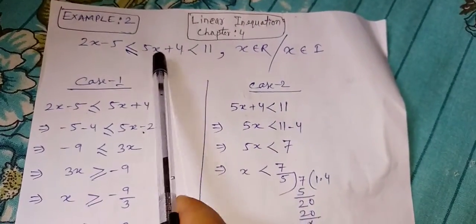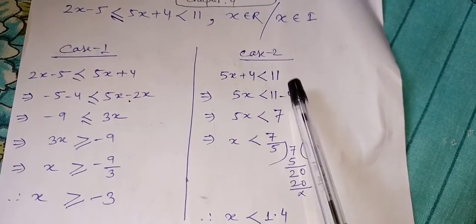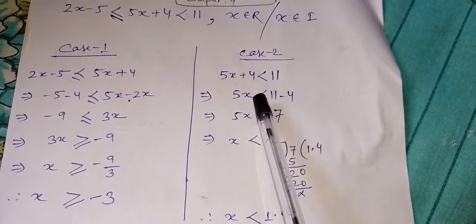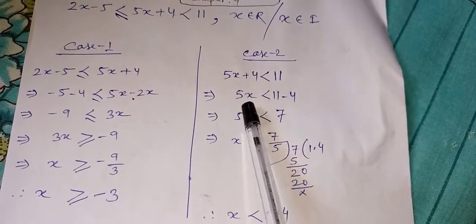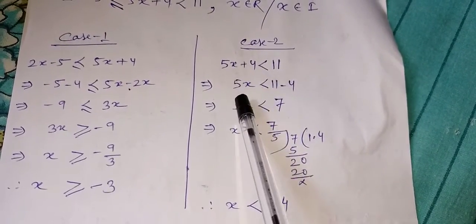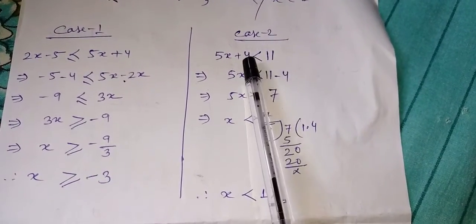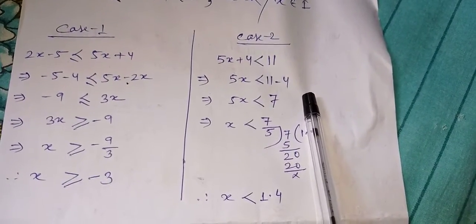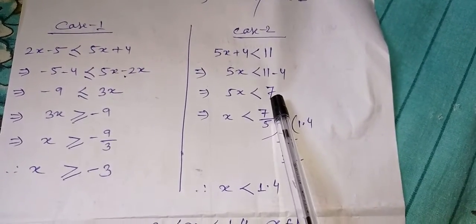Now I will write my case 2, these two numbers, that is 5x plus 4 less than 11. Now x is alone here, no x this side. So 5x remains here only, and 4 will go that side. So 5x is less than 11 minus 4, which is 7.